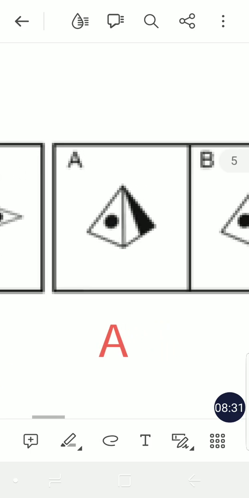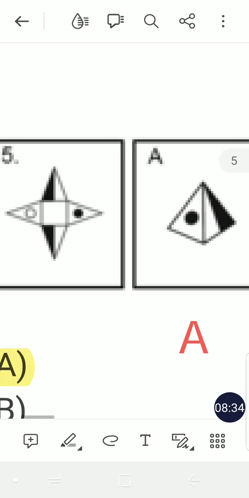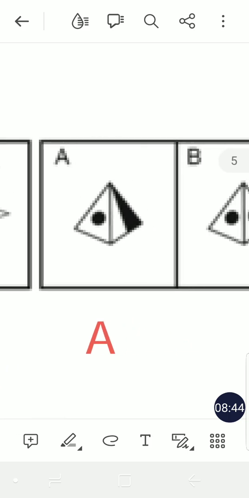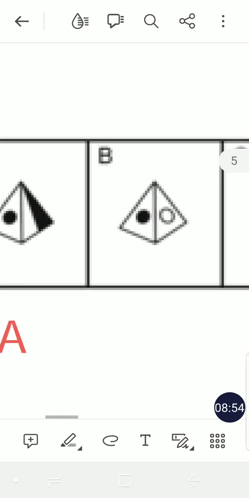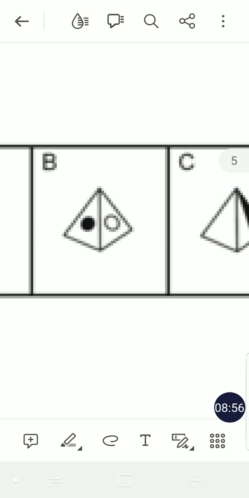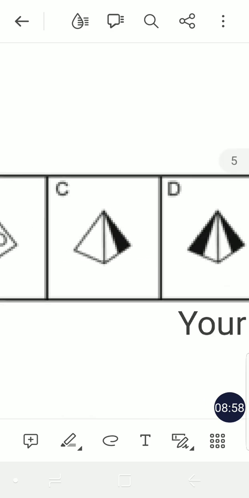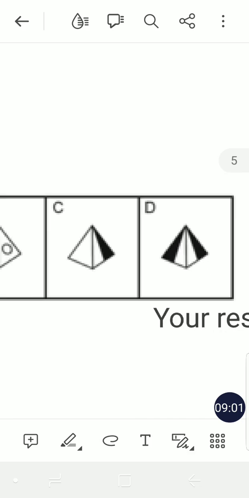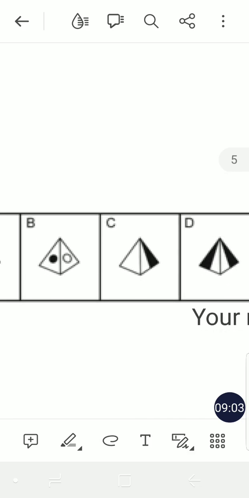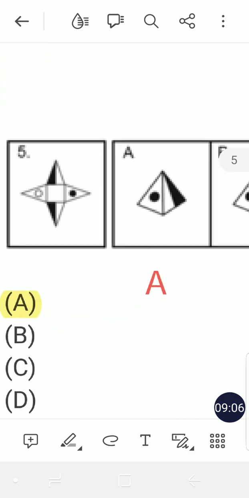So if we follow that sequence: shaded dot, white triangle, and black triangle. Choice A shows that pattern: shaded dot, white triangle, and then black triangle. Letter B doesn't show that pattern, and so is letter C and letter D. So B, C, D are eliminated right away. The only valid choice is A.